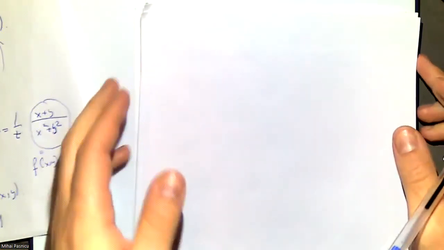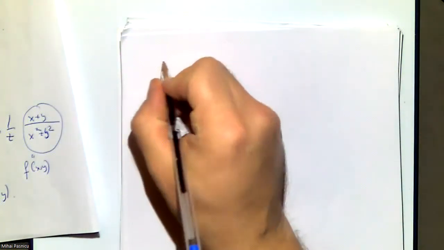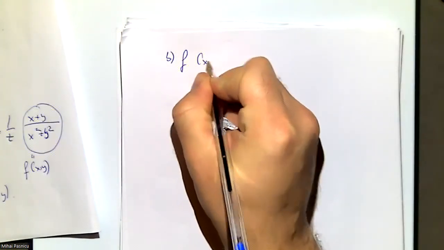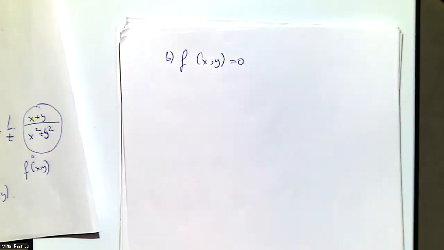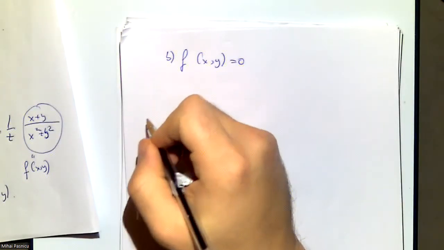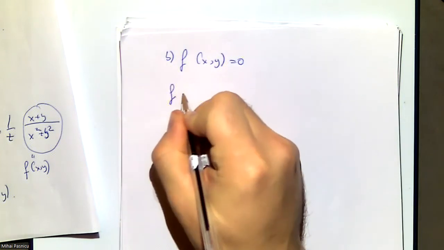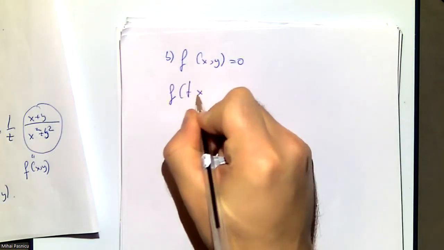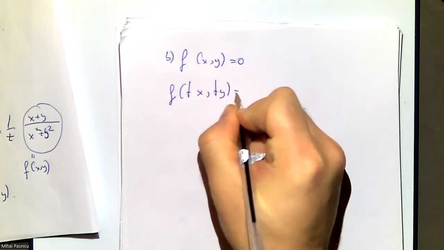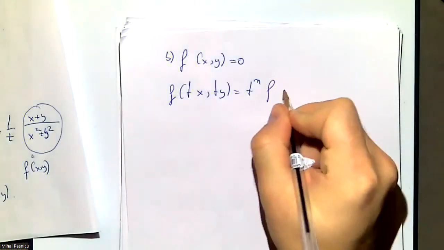Okay, now this b is f of x, y is equal to 0. This is a little bit tricky in the sense that you gotta wrap your head around it. What's the definition? Definition is f of tx, ty is equal to t to the n times f of x, y.